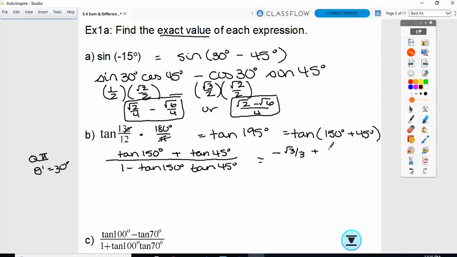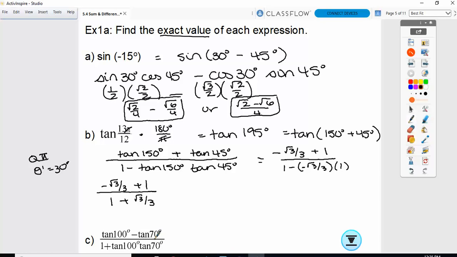Plus, what is the tangent of 45 degrees? Over 1 minus tangent of 150, which we already said was negative radical 3/3, times 1.